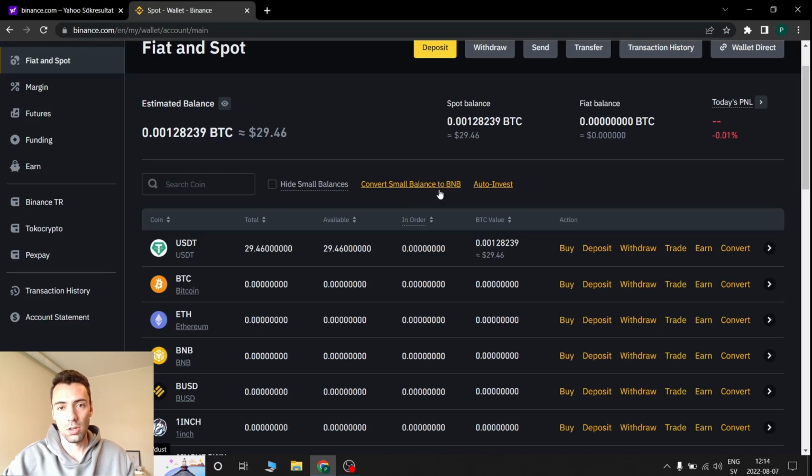BNB actually is the local currency of the Binance exchange itself, and you can turn all of them to BNB, because you can't trade if it's under $10. The minimum amount for trading is around $10 for each currency. So if you can't actually do anything with it, which is actually useless in your account, you can convert all of them to BNB.